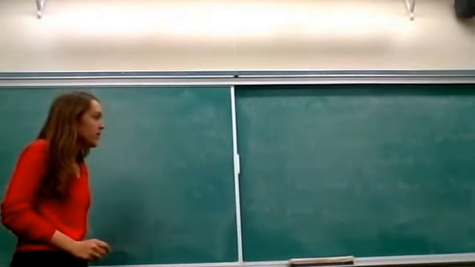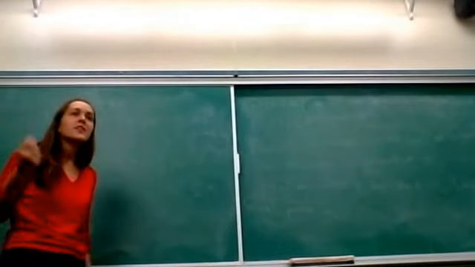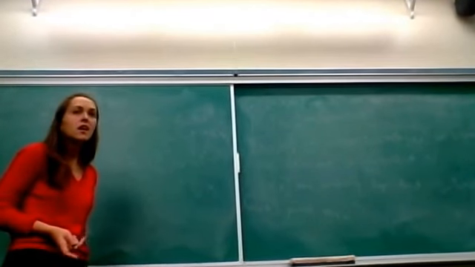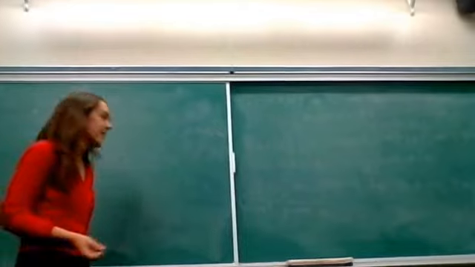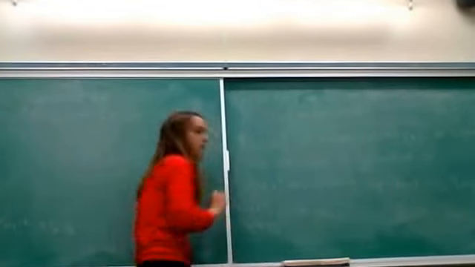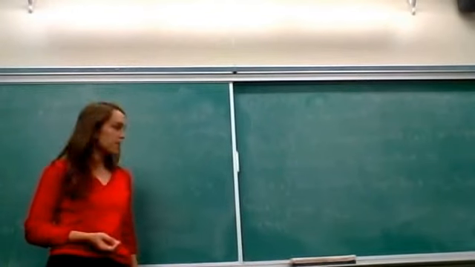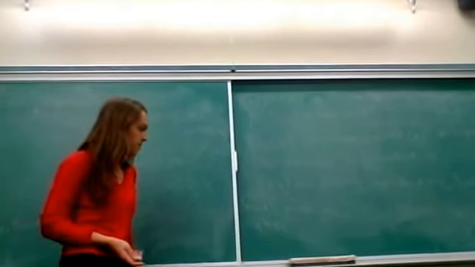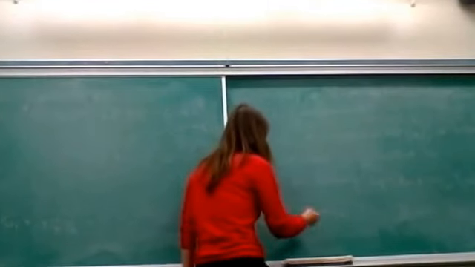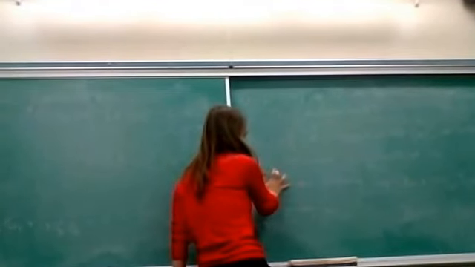So if U and V are linearly dependent, if two vectors are linearly dependent, what does that mean? You all agree with that? Yeah. So we can write U as C times V, for example. So this is the linear dependence of this set.